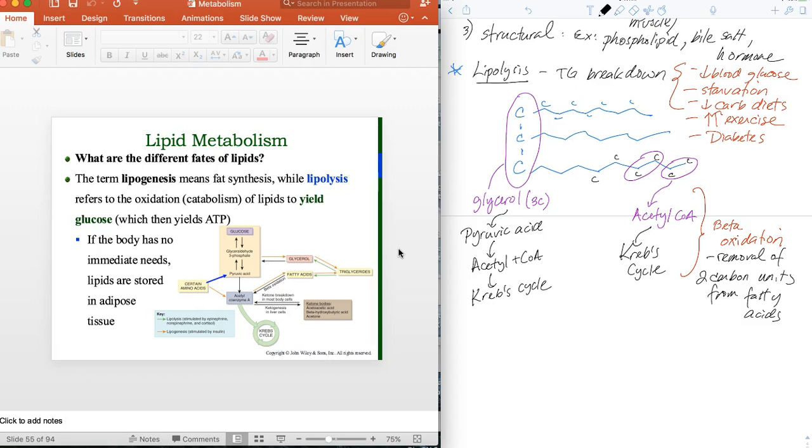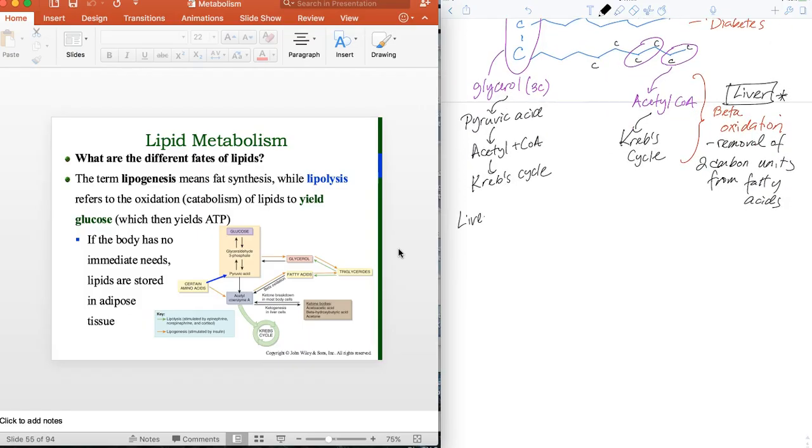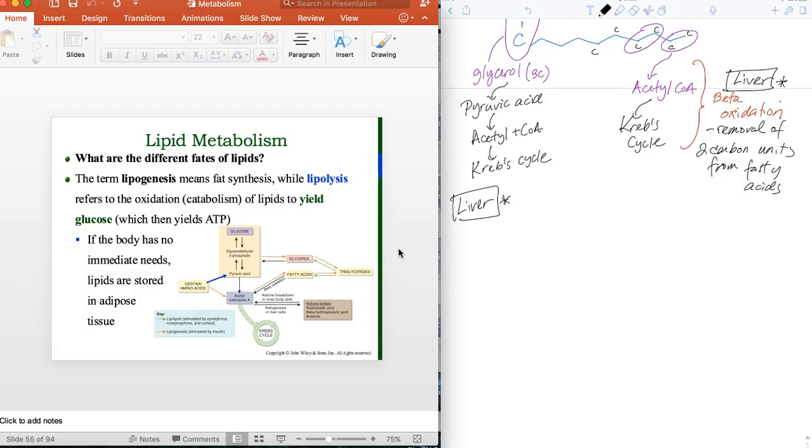This is especially done by the liver. Remember, the liver can be a place where fats from adipose tissue can get shuttled to. As the liver is doing this, what will happen sometimes is that these 2 carbon subunits, right? The 2 carbon subunits are acetyl groups, right? Sometimes these acetyl groups will come together.